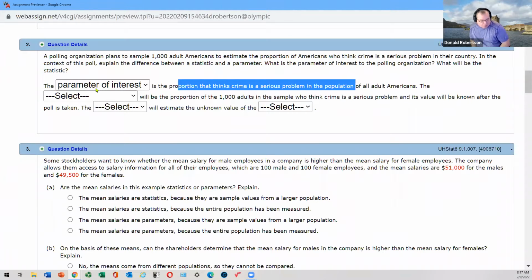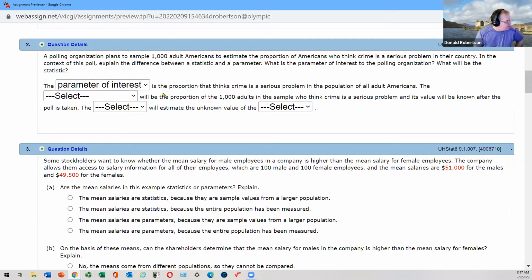Like, I wonder what the average age of Americans is. Or I wonder what percentage like Pepsi Cola, right? Whatever. That's the parameter of interest. The statistic will be the proportion of the 1,000 adults in the sample.